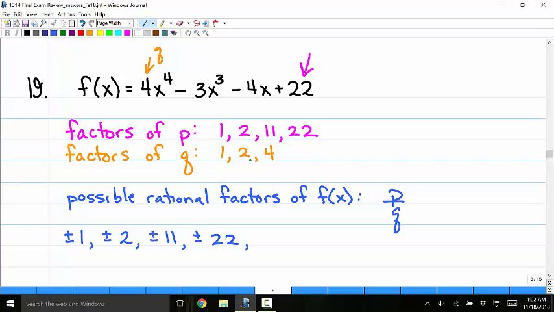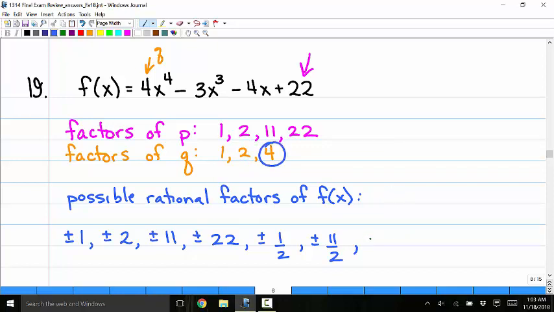Now if I put all the factors of p over 2, I get plus or minus 1/2, plus or minus 2/2, which I already have, plus or minus 11/2, and plus or minus 22/2, which I already have. Now let's do all the factors of p over 4.